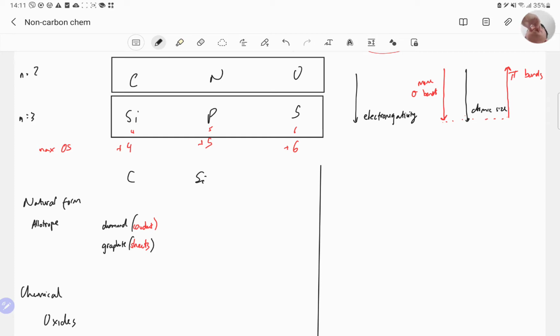And the last one, I forget. Oh, sorry, there are only 2 allotropes. Actually, there were 3. Fullerene.